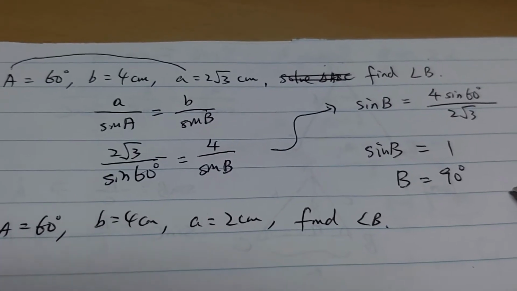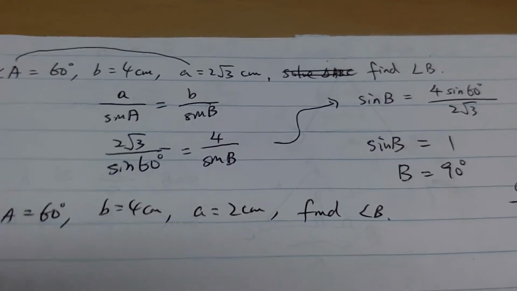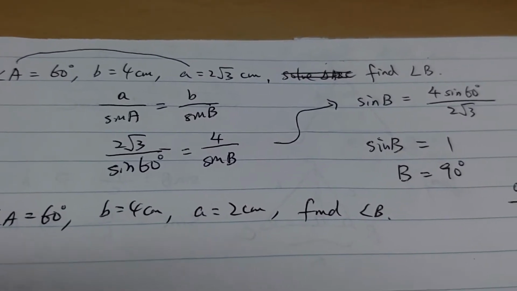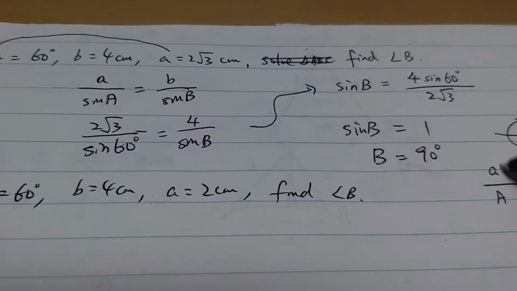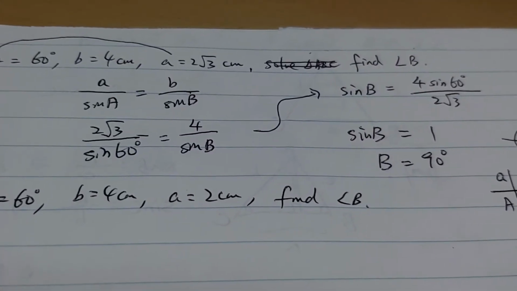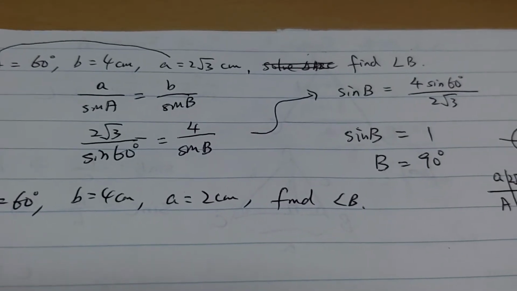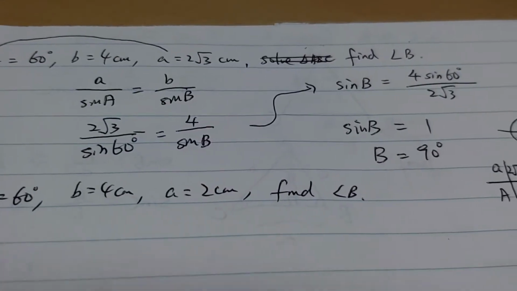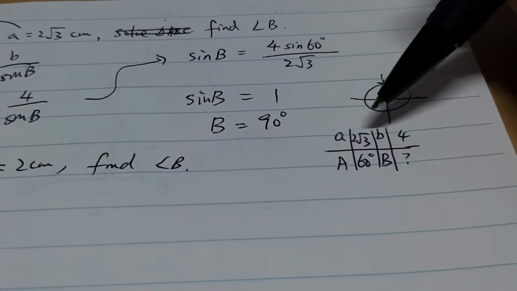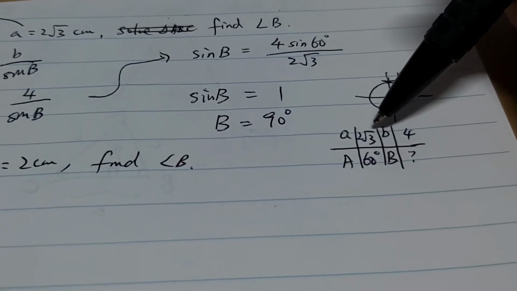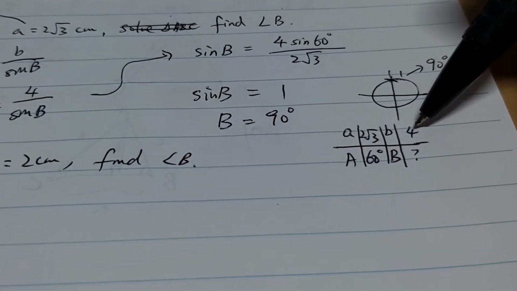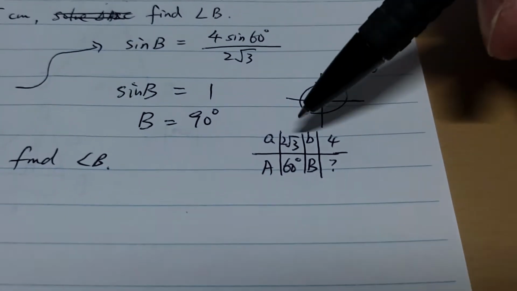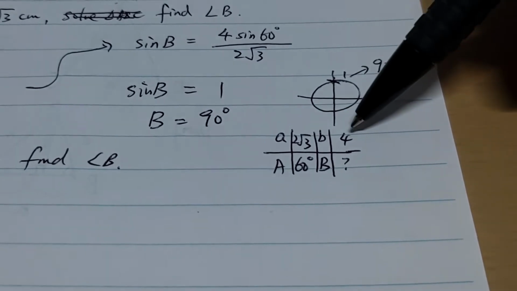How to check? For side a and angle A, side b and angle B: a is 2 square root of 3, b is 4, A is 60 degrees, B is what? Is 2 square root 3 bigger than 4? 2 square root of 3 is less than 4.